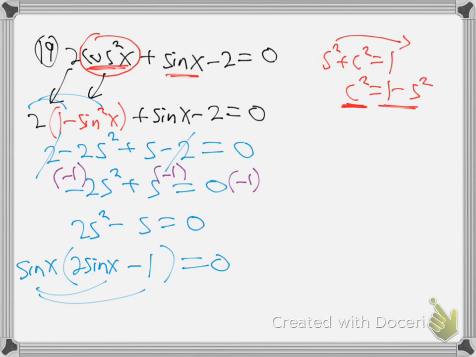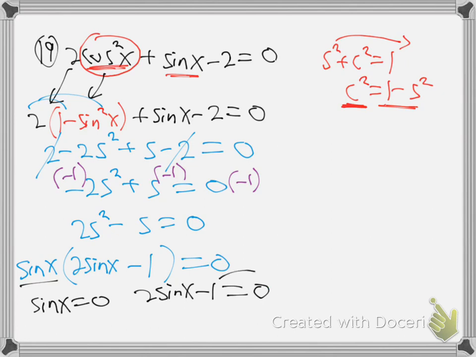Everybody good with that? Remember the general game plan, get a zero factor? We often end up going to that. So get a zero factor, and then each part equals 0. The first sine alone is 0, or the second, because if two things multiply to be 0, either one could be 0 to make that happen.